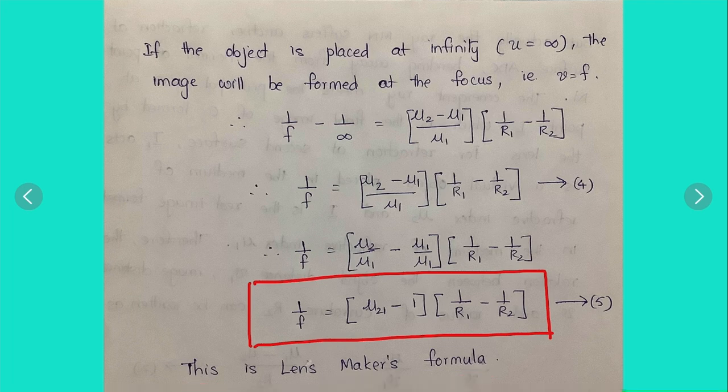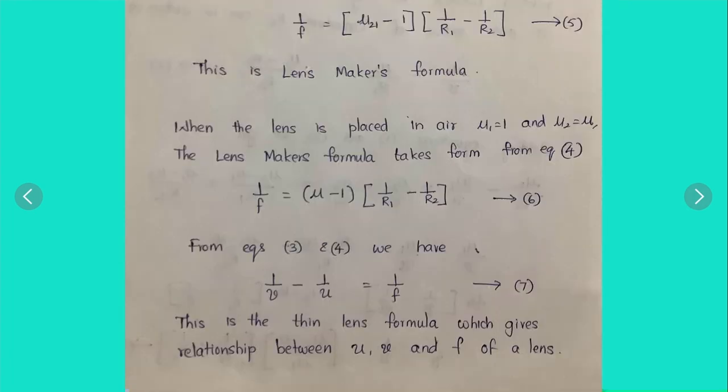Okay, so now let's continue for the thin lens formula. What we got right now is 1 by f is equal to (mu21 minus 1) into (1 by r1 minus 1 by r2). So this is the lens maker's formula. Now when the lens is placed in air, mu1 is equal to 1. For air, the refractive index is equal to 1. And let us take mu2 is equal to mu and substitute in this formula.